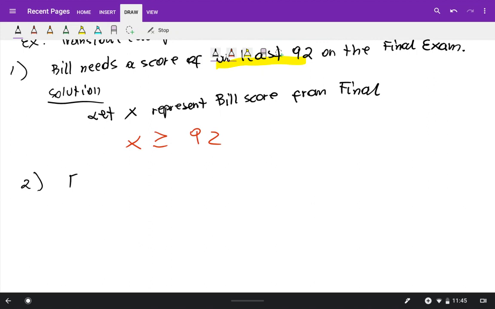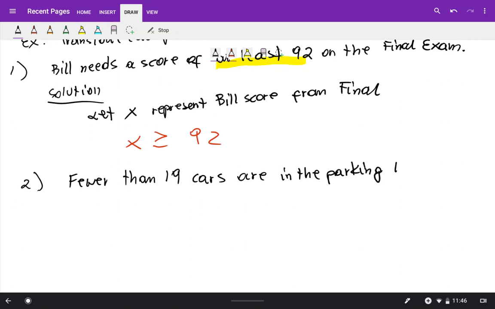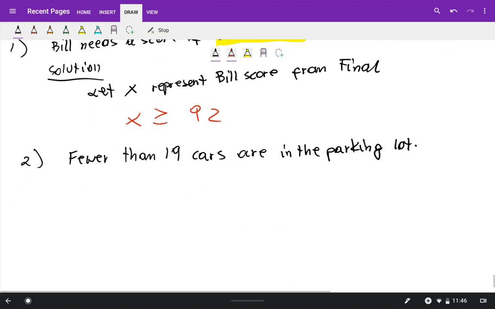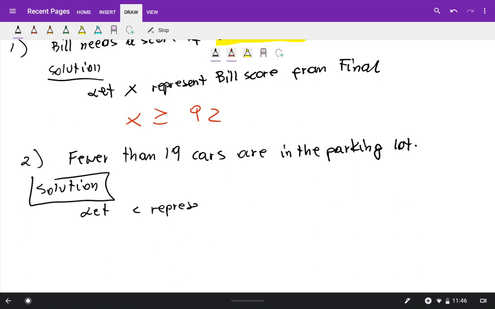Okay. Second, fewer than 19 cars are in the parking lot. Okay. So let's write the solution. I'm going to let C represent the number of cars.